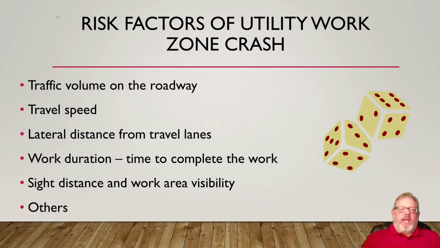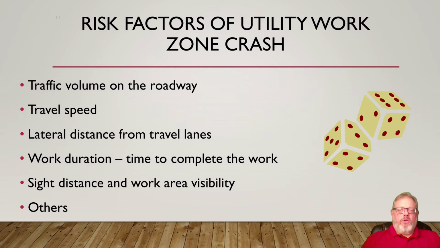So we absolutely want to take into consideration sight distance and work area visibility. The number one cause of problems with flaggers and the number one cause of accidents is sight distance to the work zone, identifying people who are working and exposed to traffic.